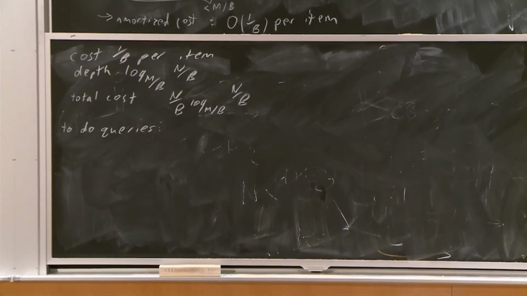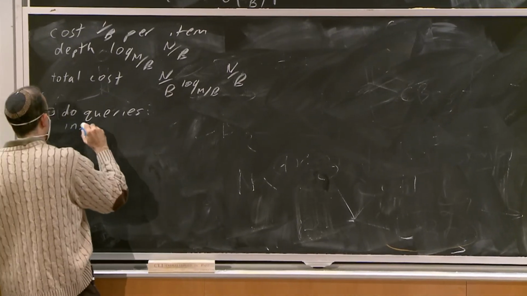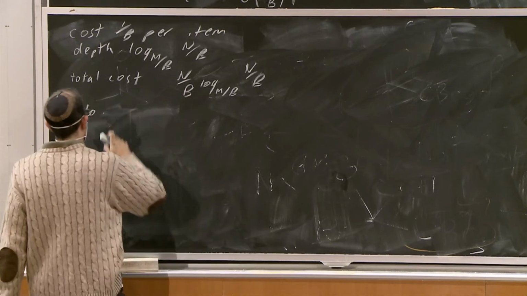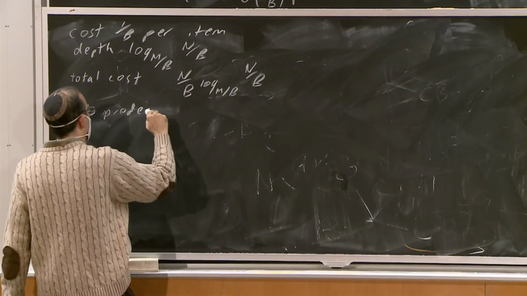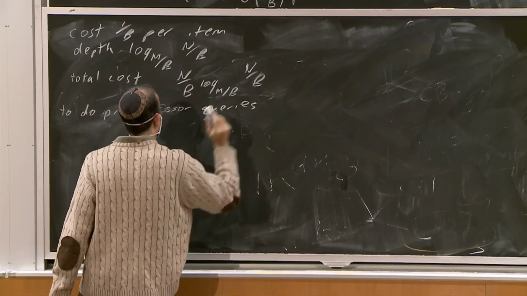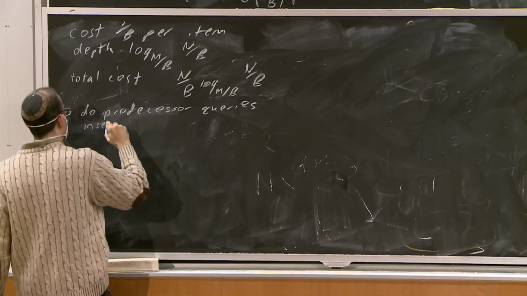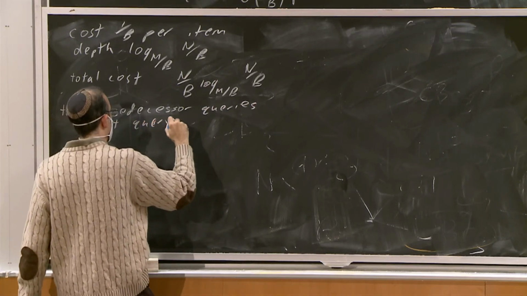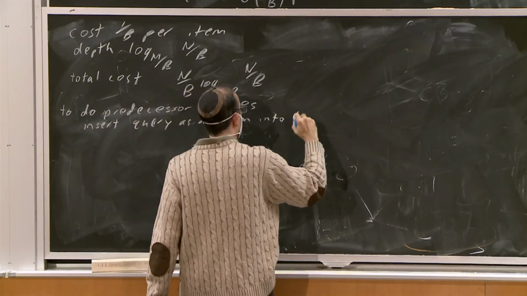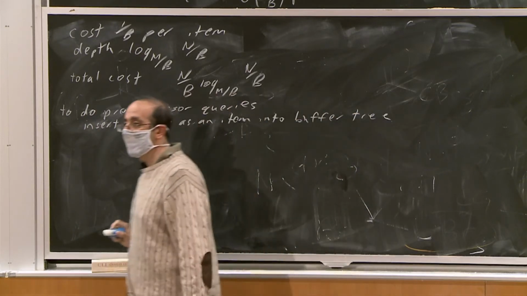Okay. So to do queries, we simply insert, and to make this concrete, let's talk about predecessor queries. To do predecessor queries, what we do is we insert the query as an item into the buffer tree.